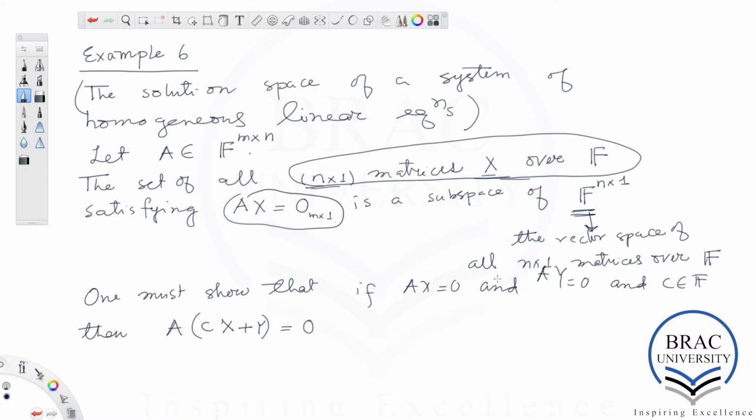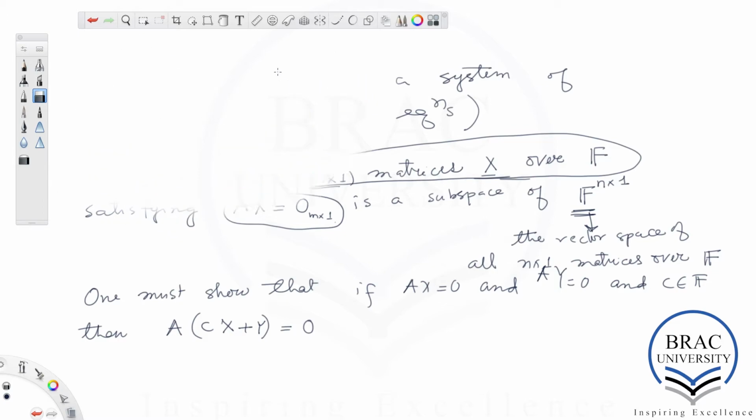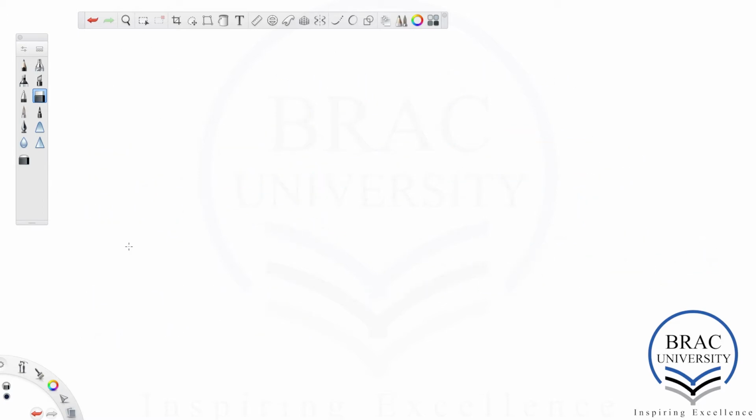If these two things hold separately, then A acting on CX plus Y is again the m times 1 zero matrix, and this is a consequence of a more general fact proven below. So let me state the lemma first and then I'll prove it. Lemma 1.